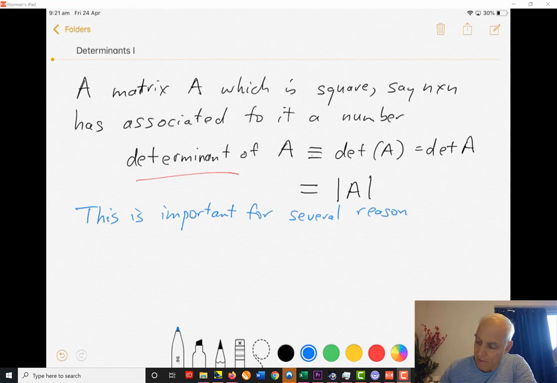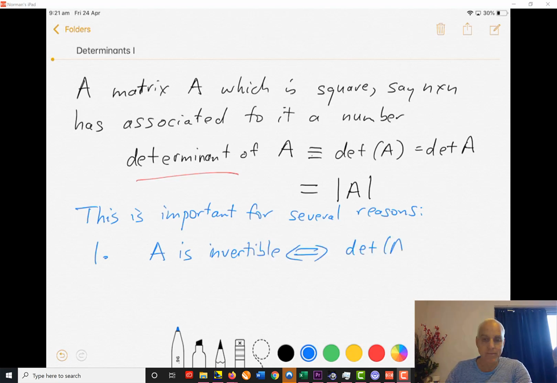The one that connects most directly with what we've been doing is that A is invertible precisely when the determinant of A is not equal to 0. So the determinant is a kind of test which tells us when a matrix is invertible.